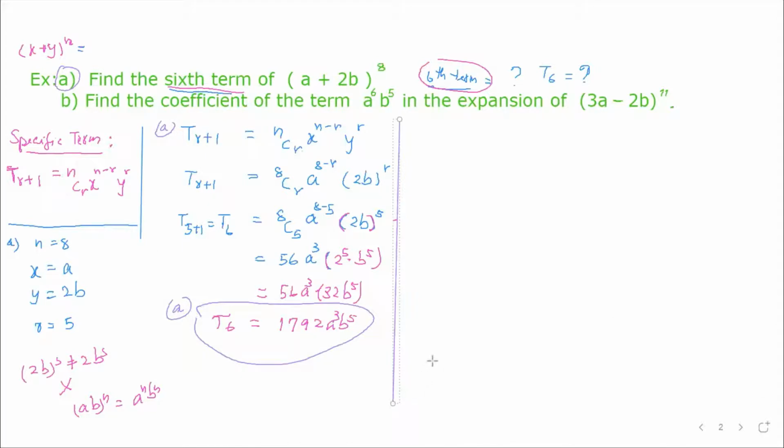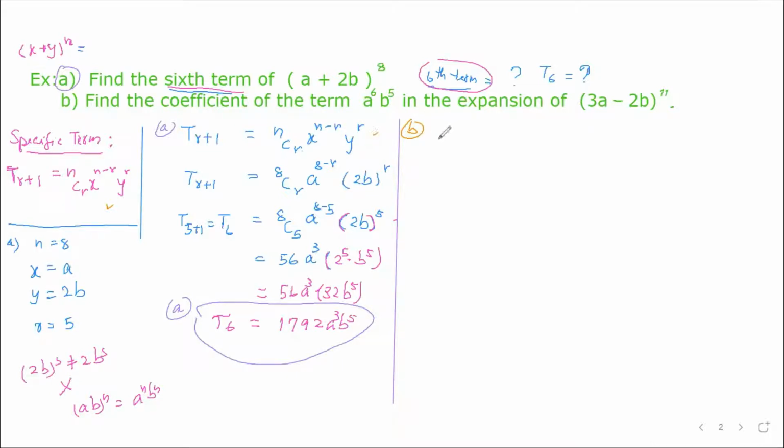Okay. B, find the coefficient of the term a power 6 b power 5 in the expansion of (3a minus 2b) power 11. Again, we use the formula of the specific term. So question B, still use the formula.